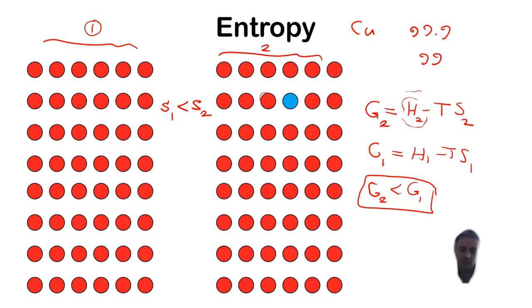And in nature, almost all the time, you will have the metals in their impure states. We rarely can find metals in pure states in nature because the value of its Gibbs free energy in the pure state is much higher.